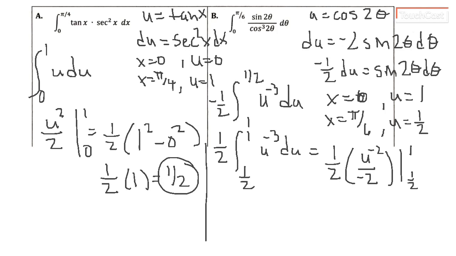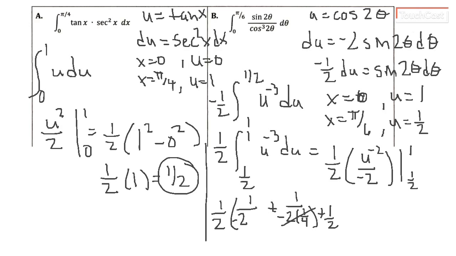So when we plug 1 in, we're going to get 1/2 times, I'm going to bring the u down, so 1 over negative 2 times 1 squared is just 1, so it's going to be negative 1/2, minus, if I put a half in, I'm going to have 1 over negative 2, a half squared is a quarter, which means we're going to have 1 over, just going to make this a 1 over negative half, which, let's just change this to plus positive.